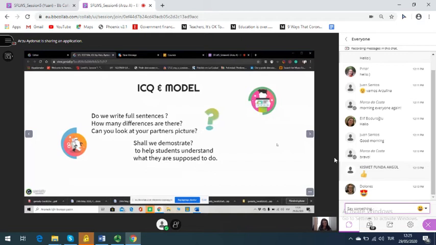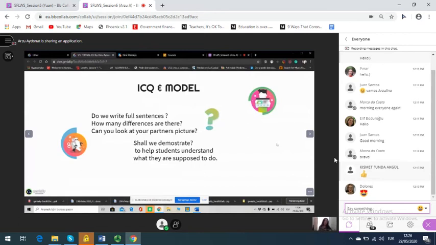And modeling, of course, is important. Actually, personally, I always need an example, and we can demonstrate. We can select a student or a group of students to demonstrate what we are going to do, and it helps students understand what they are supposed to do.